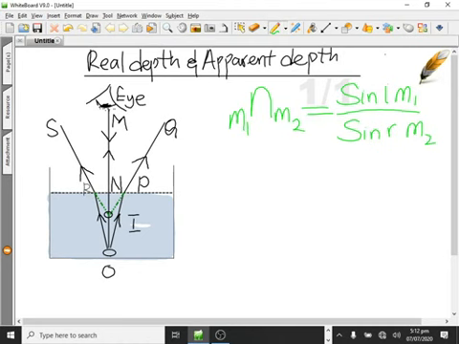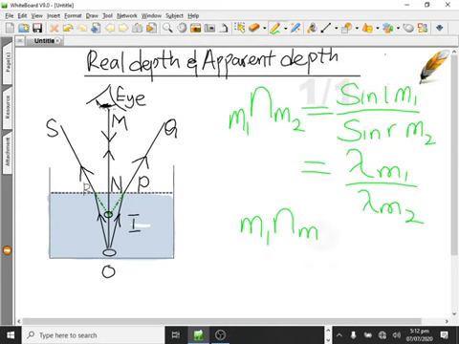We also said it can be wavelength in medium 1 over wavelength in medium 2. And we proved that the refractive index of medium 2 with respect to medium 1 can be equal to 1 over the refractive index of medium 1 with respect to medium 2.